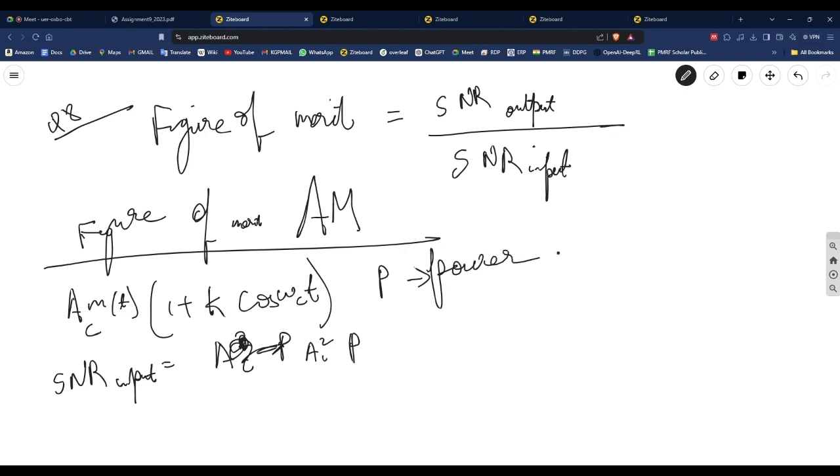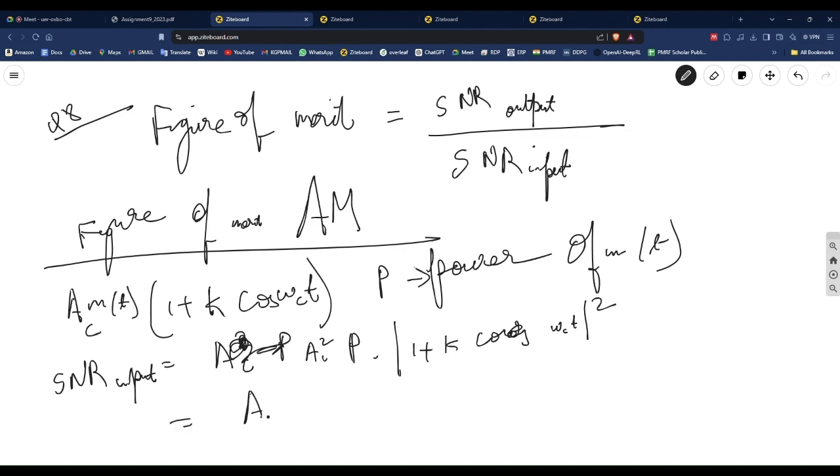P is the power of the message signal, and then it is mod of 1 plus K cos omega CT. So AC square P.